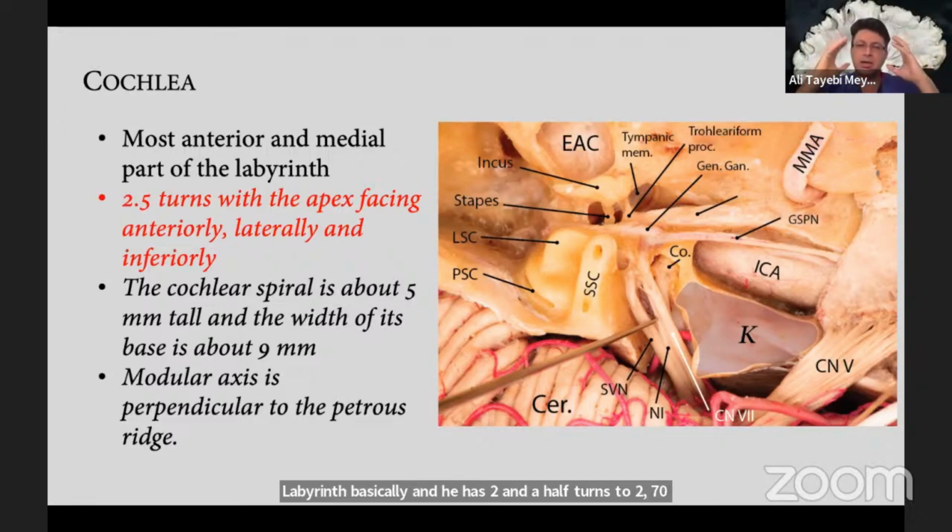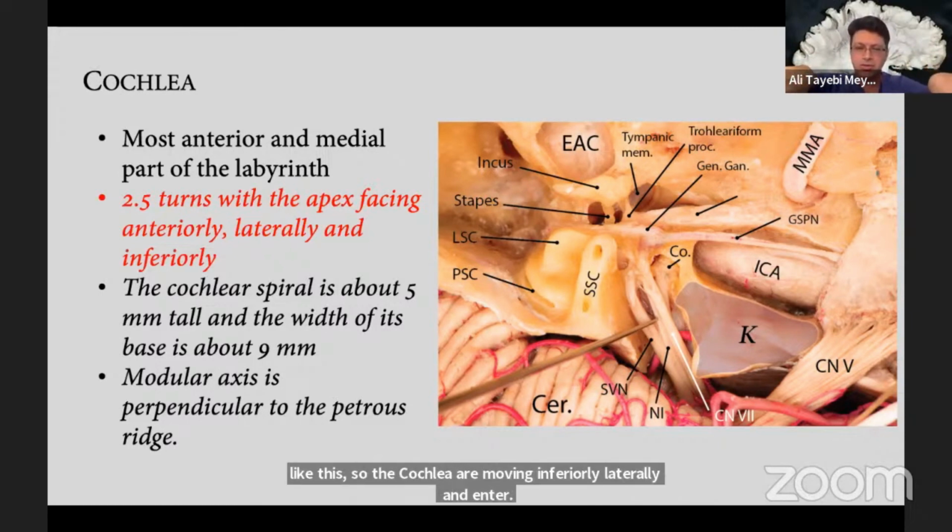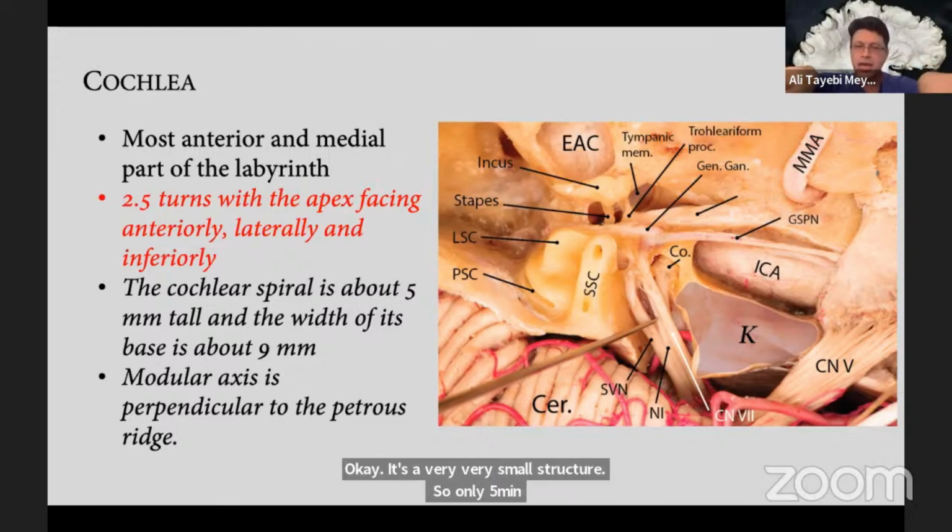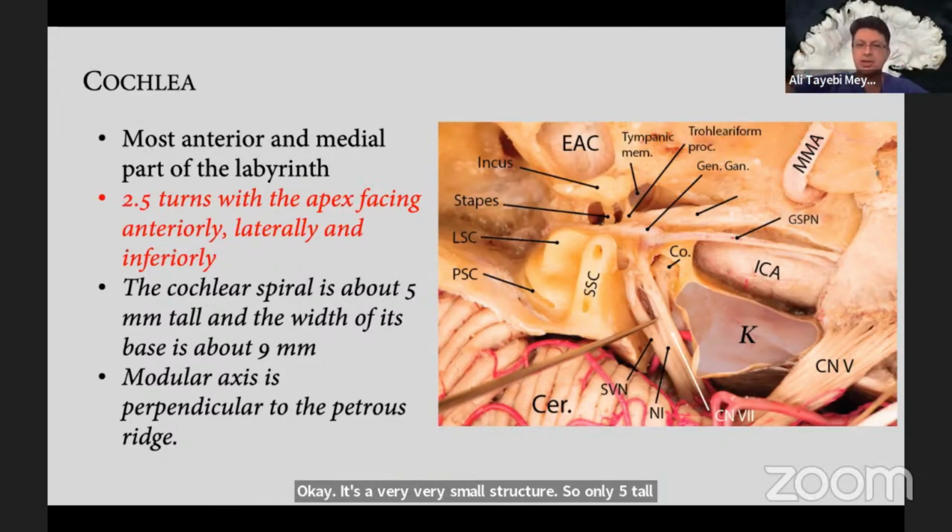Imagine when I'm looking at you, my cochleas are like this. So the cochleas are looking inferiorly, laterally, and anteriorly. It's a very, very small structure. It's only 5 millimeters tall, and the axis again is almost perpendicular to the petrous ridge.